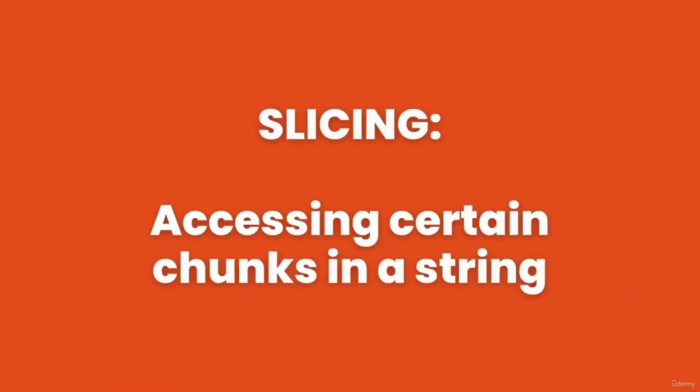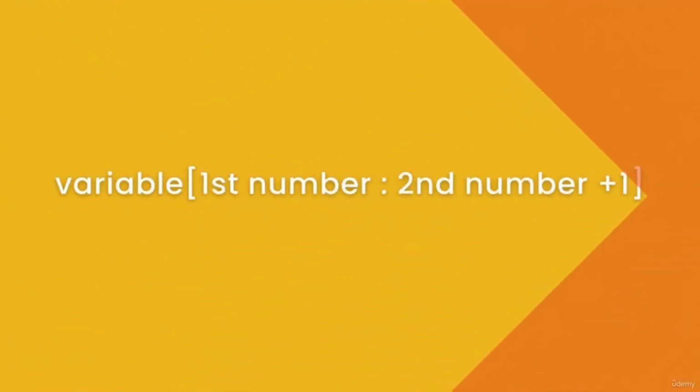This technique of printing a certain chunk of a string is called slicing. When you want to print only a certain chunk of a string, follow the format, variable name, and in square brackets, write the first number, a colon, and then write the second number plus 1.